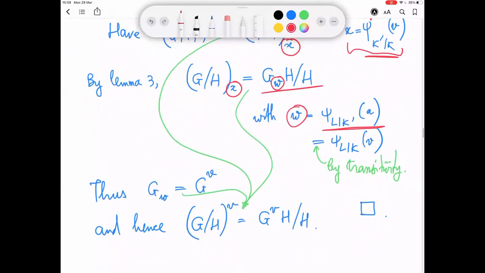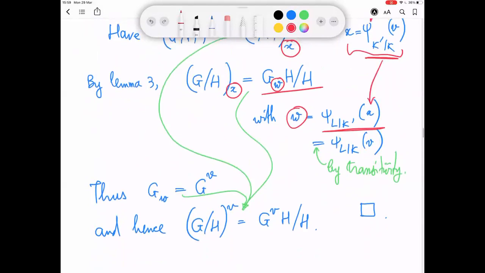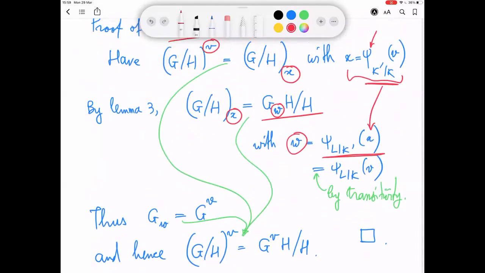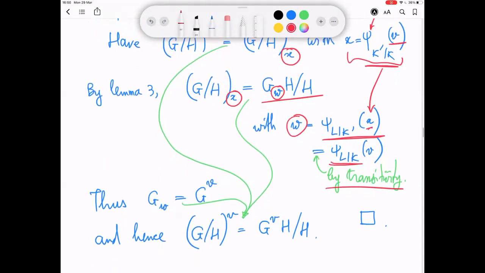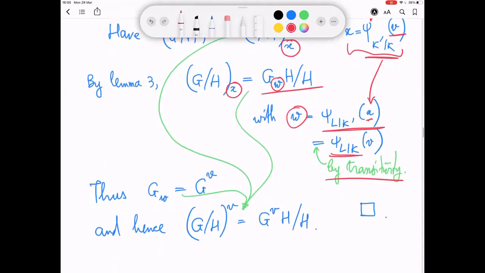But X itself is C of K prime over K of some V. So when you plug that in here, you'll get C of L over K of V by transitivity, which we have already proved. So this W is going to be this.